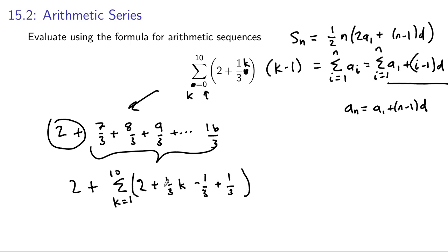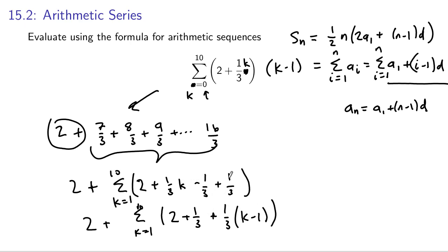Now if we think about factoring that third, I chose a third so we could factor out and get k minus 1. We would have 2 plus sigma k is 1 to 10 of 2 plus 1/3, and then factor out the 1/3, k minus 1/3, and get 1/3 times k minus 1. Because I pull this 1/3 out and this 1/3 out.